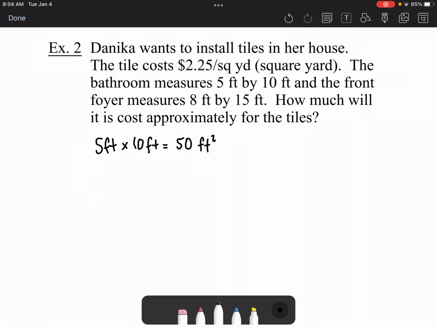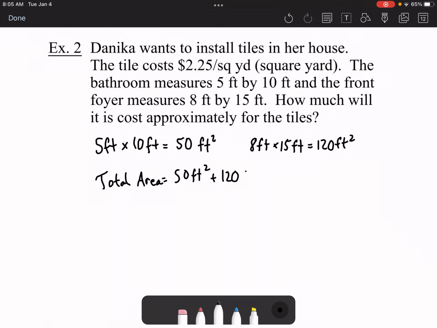We also want the 8 feet times the 15 feet. 8 times 15 is 120, and this is also feet squared. So the total area would be 50 feet squared plus 120 feet squared, which gives us 170 feet squared.